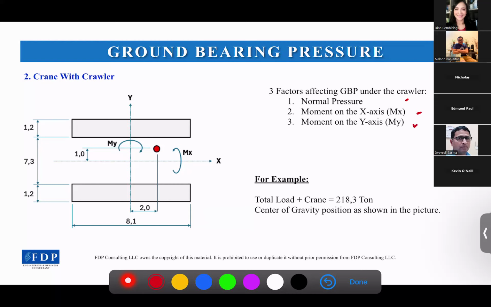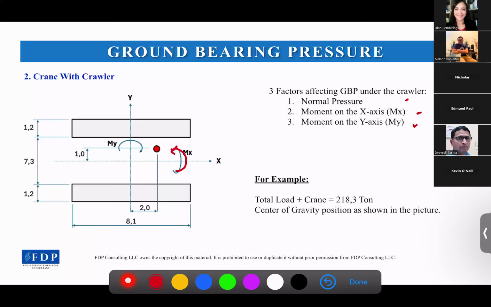To get these three, we need to know the COG of the crane, and the calculation process is the same as the previous crane without outriggers. We need to combine all the components, weight and COG, plus the load to lift. If the COG has offset to the x-axis and y-axis, then moment forces appear on each axis, and the moment forces will give additional pressure to each track.